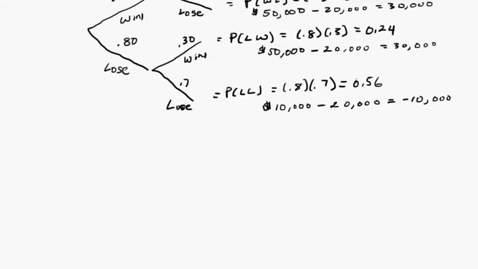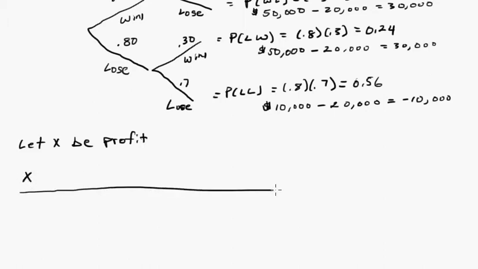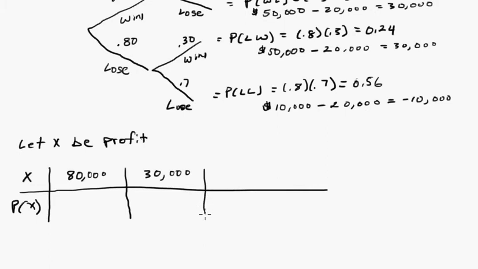So let X be the random variable profit. We would have X and the probability of X. So we have $80,000, $30,000, $30,000, and negative $10,000.